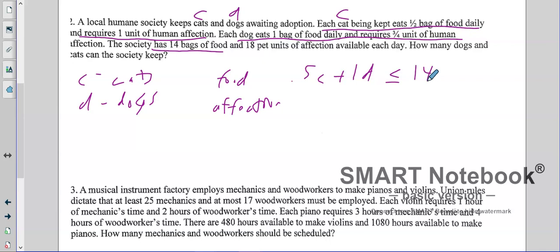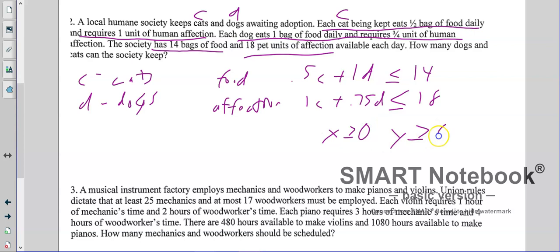And then affection, cats get 1 unit, and dogs get 3/4 unit. And again, you can put 3/4 or 0.75, whatever you want. And they only have 18 units of affection time or whatever that is. All right. Since there's no other limits here, we just say x is greater than or equal to 0 and y is greater than or equal to 0. Those are our 4 constraints.